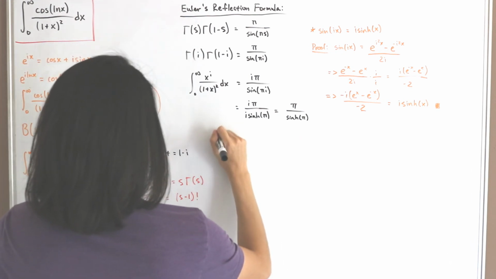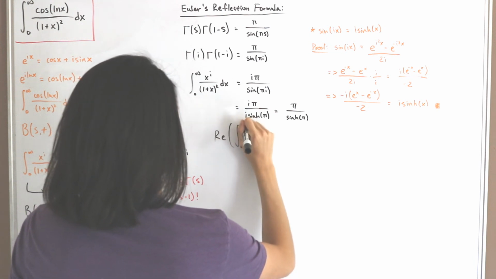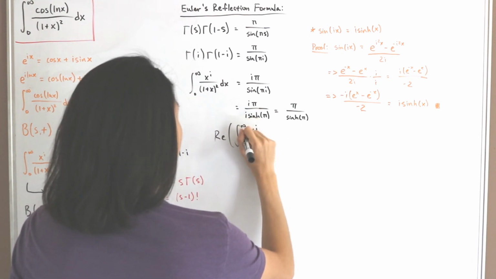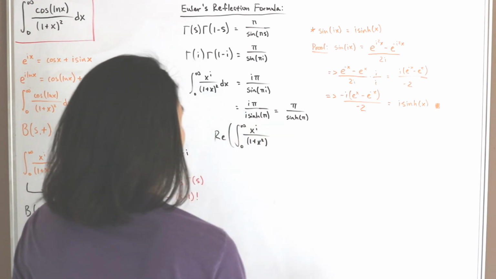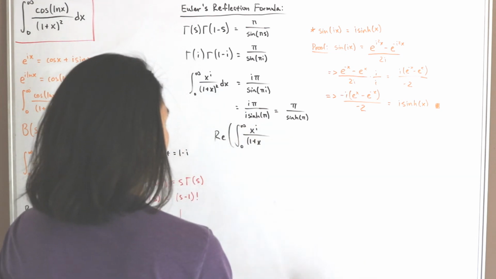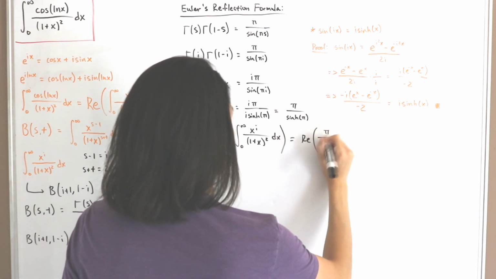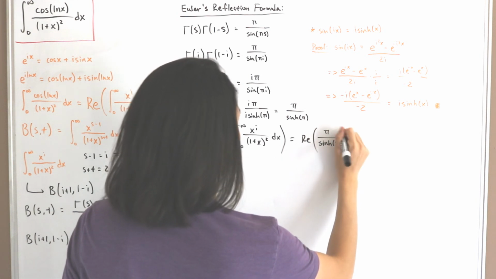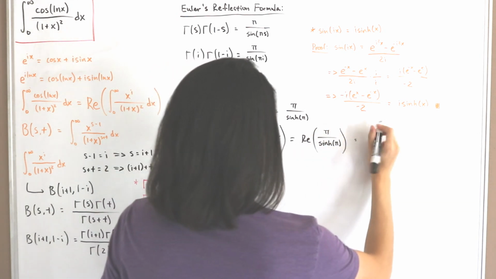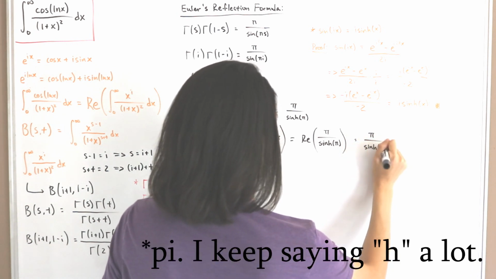So really, that means the real part of the integral of x to the power i over 1 plus x quantity squared is basically the real part of pi over hyperbolic sine of pi, and so that's just equal to pi divided by hyperbolic sine of pi, since it's a real value.